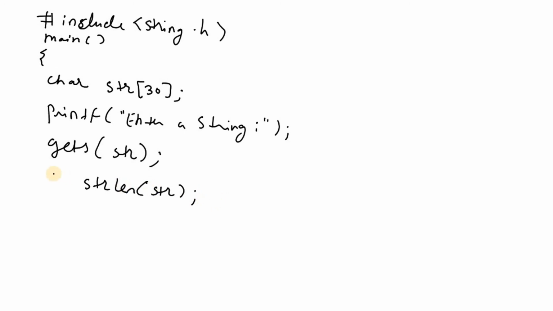Here we are returning the length in the form of an integer, so we collect it in a length variable. Here we have to write unsigned int len. It always returns a positive value, so it's better to declare an unsigned integer.